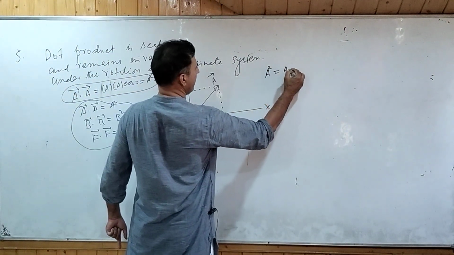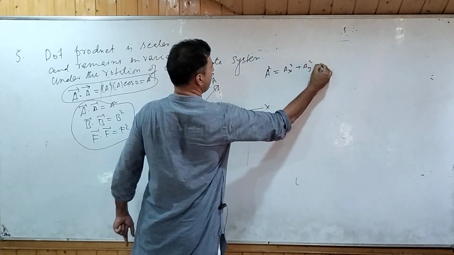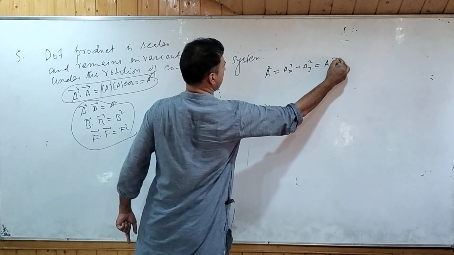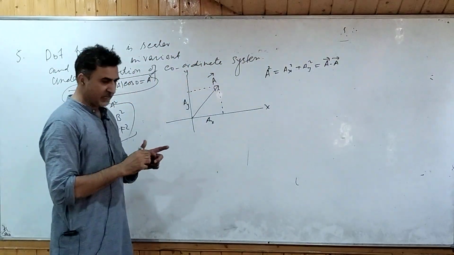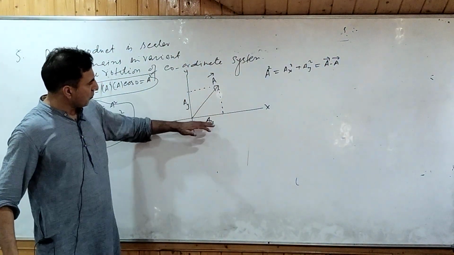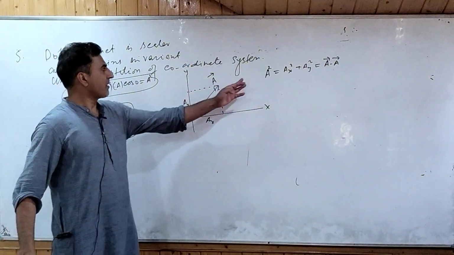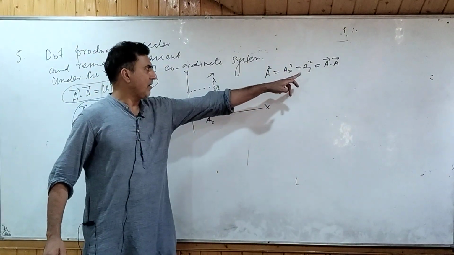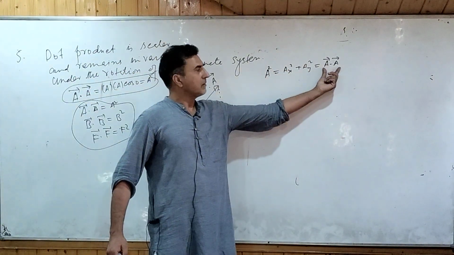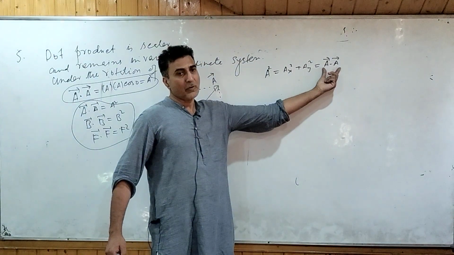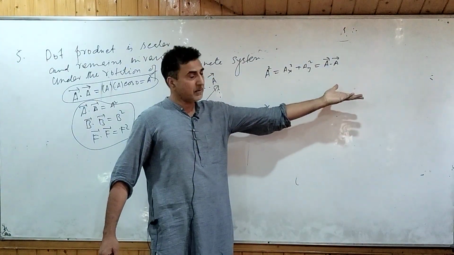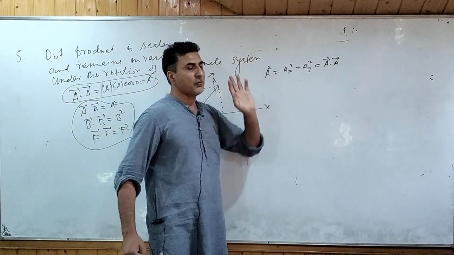That is ax square plus ay square, that is A dot A. Again, I will explain this. This vector is put into two components, and I will write A square, the dot product of the vector with itself, as ax square plus ay square.